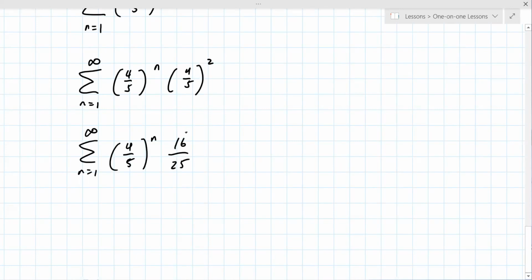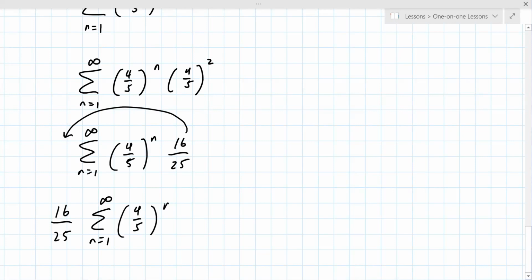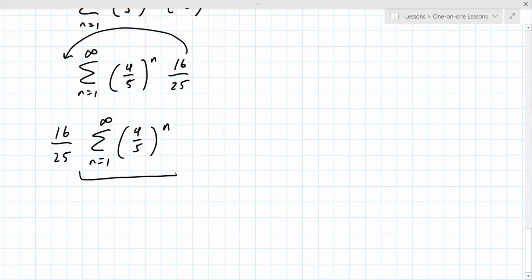You can bring constants out of the sum. So this becomes 16 over 25 sigma n equals 1 to infinity 4/5 to the n. This part right here is where we're going to use the infinite sum formula. So the sum is a1 over 1 minus r if the absolute value of r is less than 1. What is r in this case?